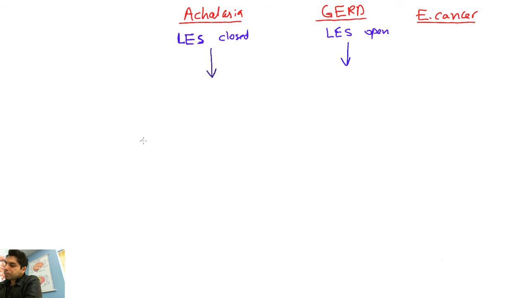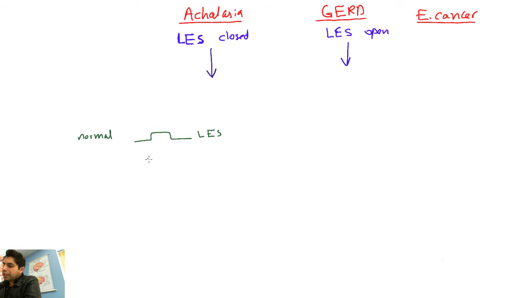For example, generally speaking, in the LES, I will give you normal first. The tone of the LES normally is increased. That means it's closed.